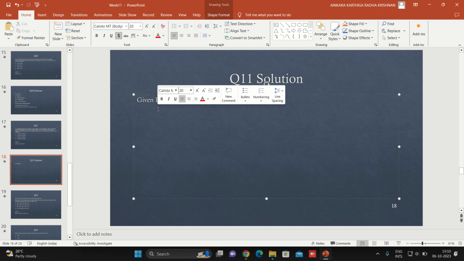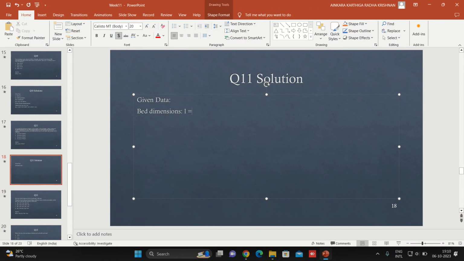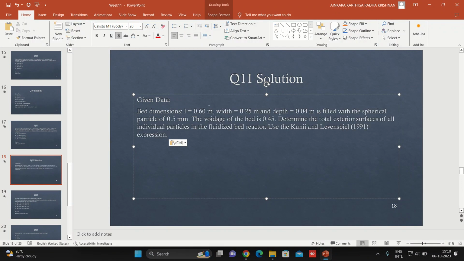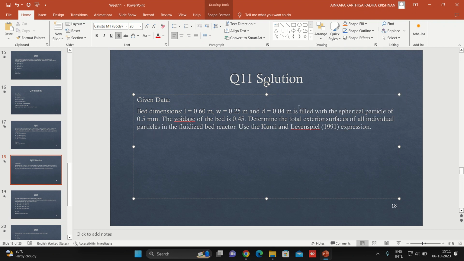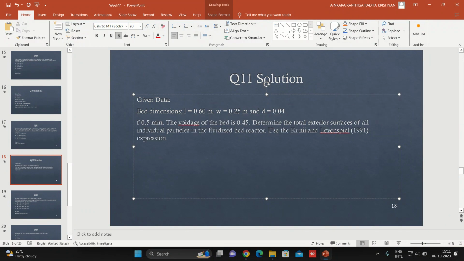The bed dimensions: L is equal to 0.60 meter, width is equal to 0.25 meter, and depth is equal to 0.04 meter, and it is filled with spherical particles of size 0.5 mm.